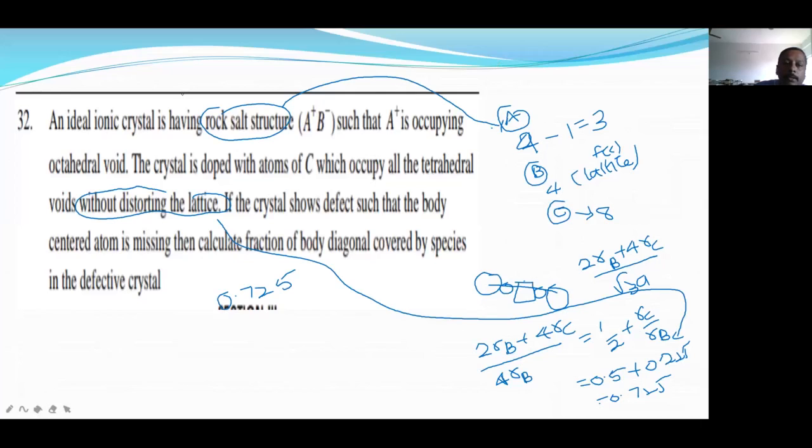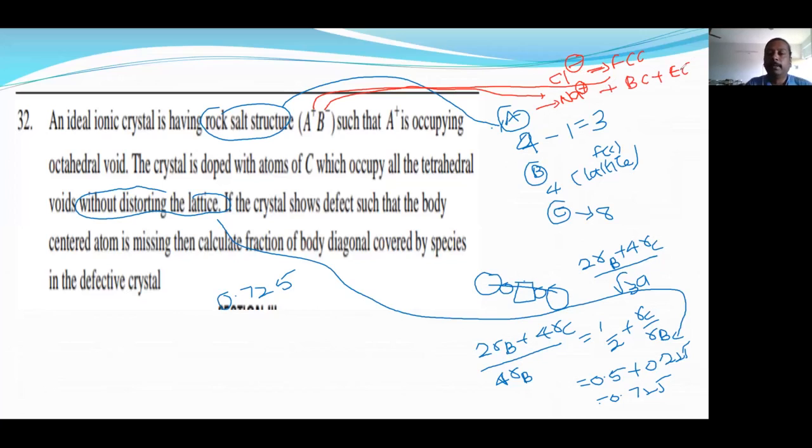Okay, next is rock salt. In rock salt, the sodium and chlorine form the lattice, the FCC lattice. Here B minus forms the FCC lattice, and sodium occupies the body center. Here, in place of sodium, they have taken A, which will occupy body center plus edge center.